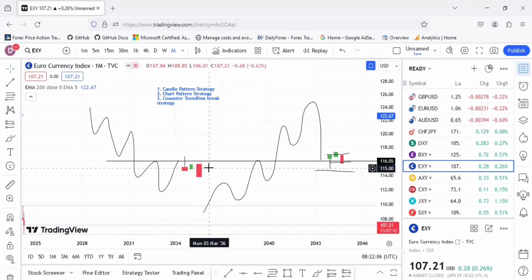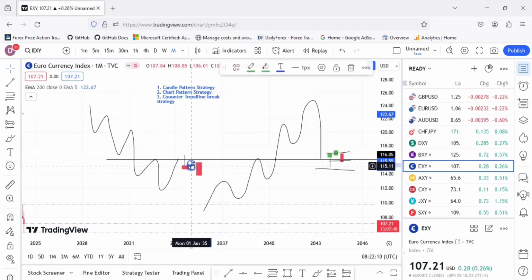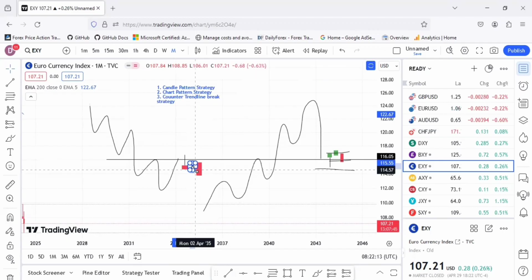That is an engulfing. A bearish engulfing candle is a candle that has a small bullish candle followed by a big bearish candle. A small bullish candle followed by a big bearish candle.